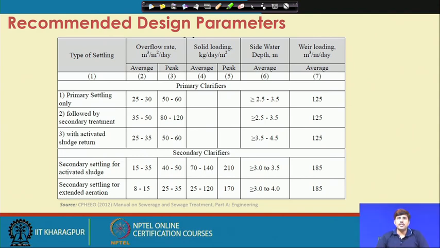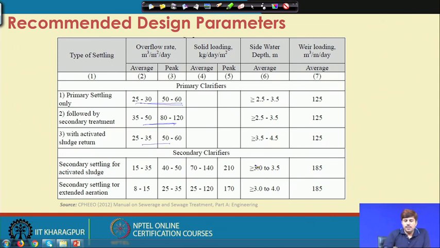If we see the recommended design parameters for primary sedimentation treating wastewater, for primary settling only, the overflow rate should be in the range of 25 to 30, while the peak could be 50 to 60. If it has to be followed by secondary treatment, we can have a higher overflow rate because some part can get settled there as well, and for activated sludge return, if it is there, we can have this range.